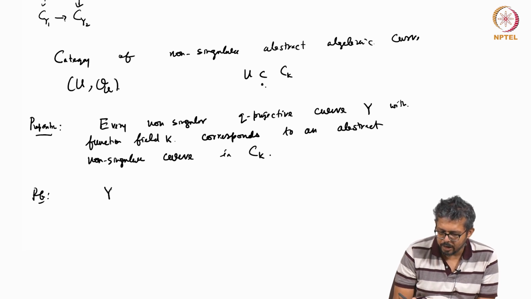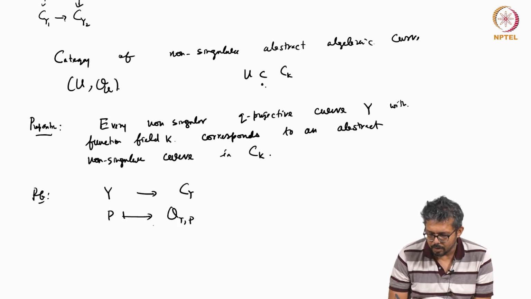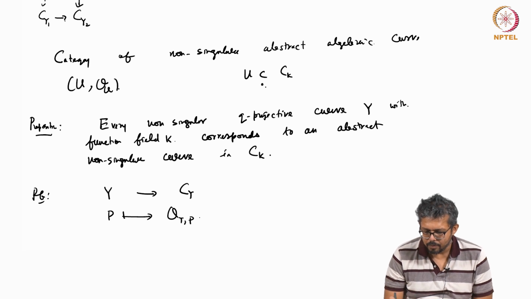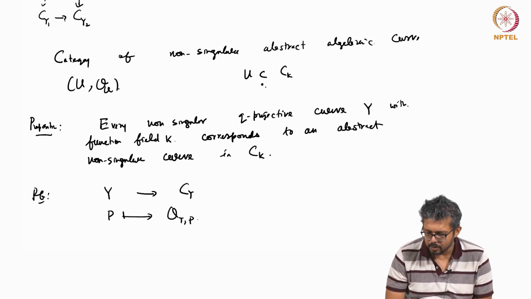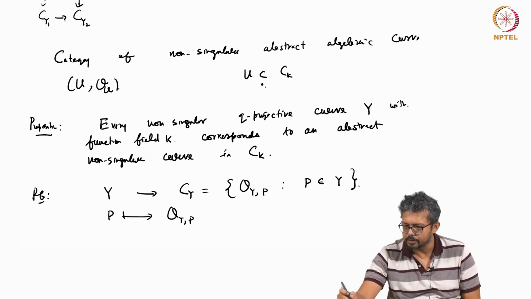So now the proof is: if you take a non-singular quasi-projective curve Y, you associate this C_Y, so that you take a point P to O_{Y,P}. So this is the map. This C_Y is nothing but all these O_{Y,P}, and you know that if you take P and Q, two different points, these local rings are different.